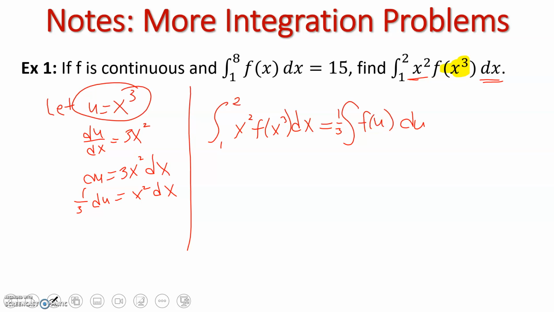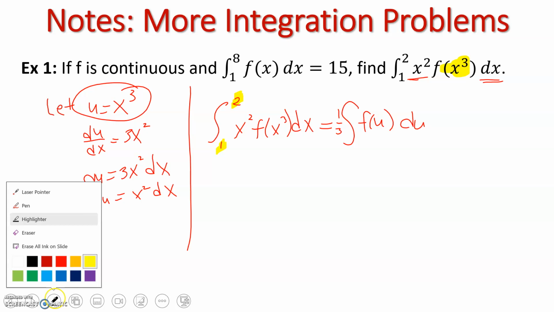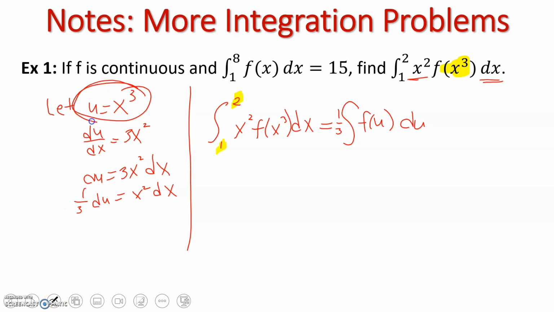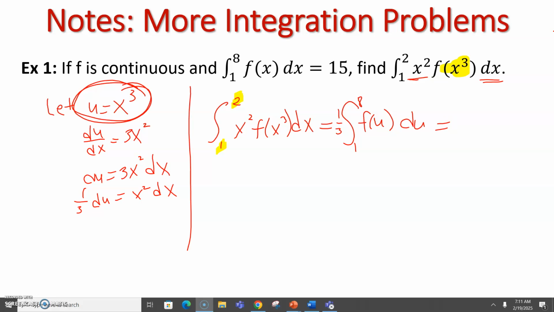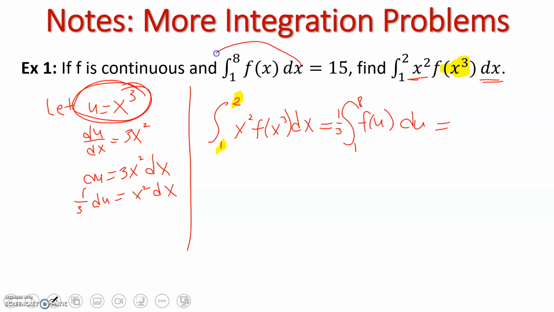Now, note here, the original bounds were 1 and 2, but because we're doing a u substitution, we're going to change them to be in terms of u. So this lower bound, 1, becomes 1 cubed, or 1, and the upper bound becomes 2 cubed, or 8. Now this is helpful because it's mathematically equivalent to the original expression shown here.